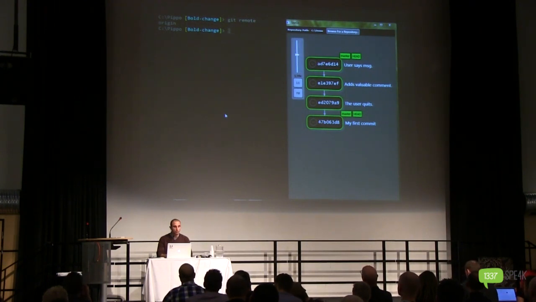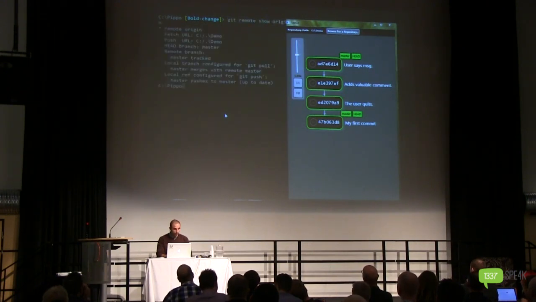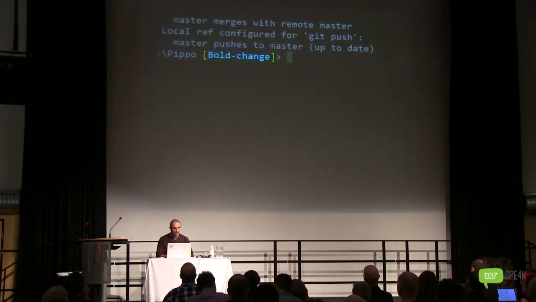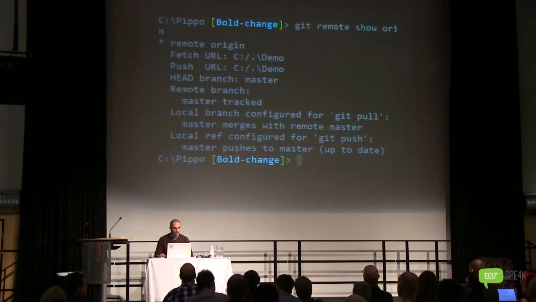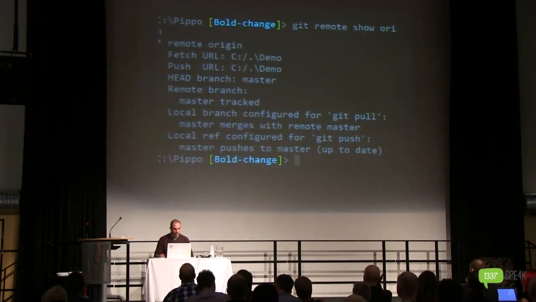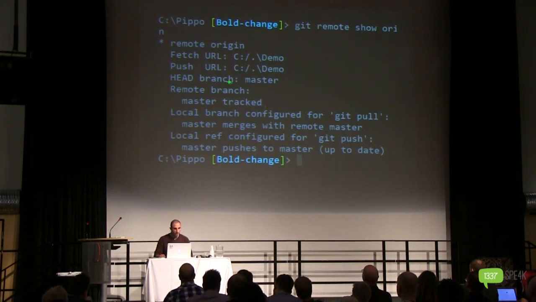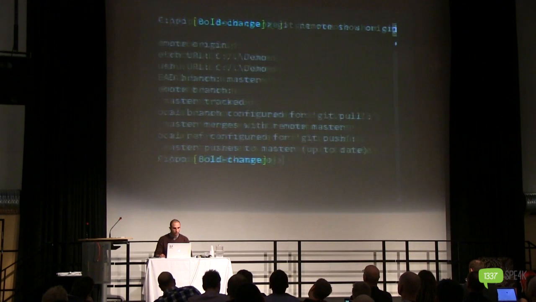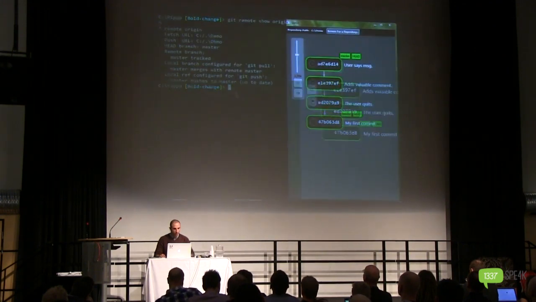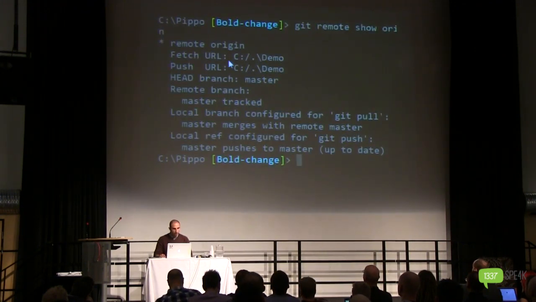How do I see where that stuff came from originally? I can say git remote show origin. And that's a little bit interesting. There are a couple of things here. First, it's telling me, okay, every time I get new data, where is this going to come from? It's going to come from this URL.